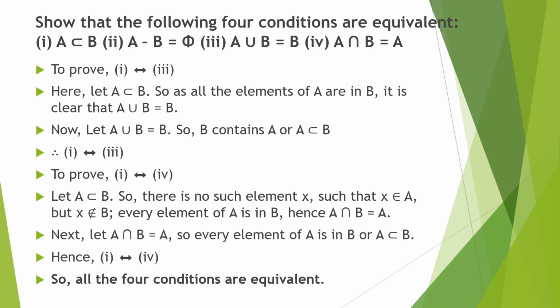Next, to prove the converse, assume that A intersection B is equal to A. That means every element of A is in B because their intersection is the whole set A. So A is a subset of B. So we have shown that 1 double implies 4. Hence all the 4 conditions are equivalent.